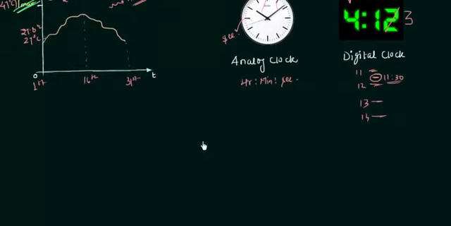So let's study what is a discrete time signal, because it is important to understand this signal before we move to the digital signals. So let's see what the discrete time signal is. The signal which is defined for discrete intervals of time is called a discrete time signal. I will write this down so that you can have a proper definition of the discrete time signal.